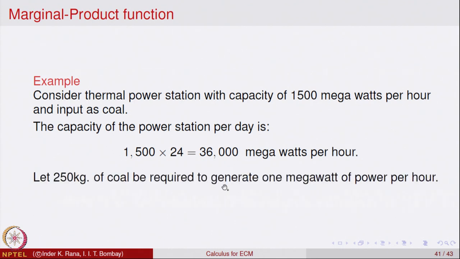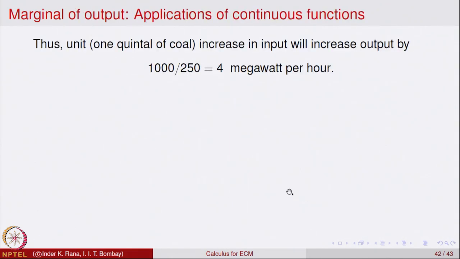Let us say that 250 kg of coal is required to generate 1 megawatt of power. So, if I increase the input by 1 unit, that means 1 quintal of coal, the output will increase by 1000 divided by 250, that is 4 megawatts per hour, right.